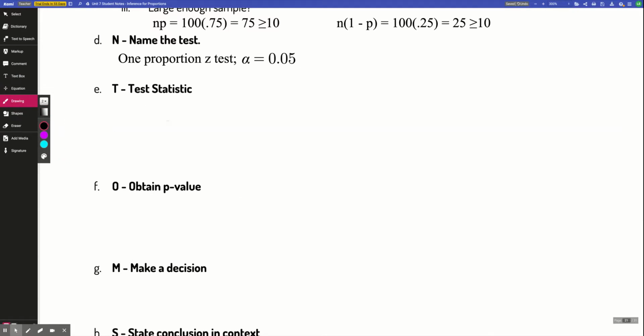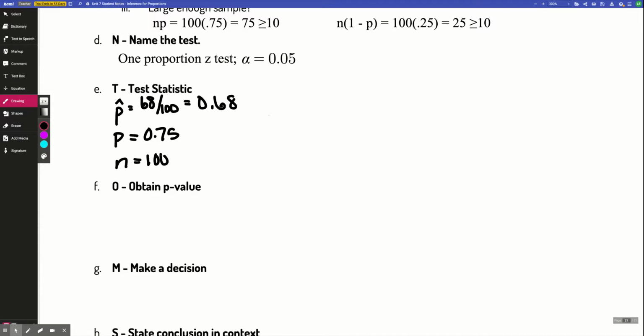So I need my p hat. p hat was 68 out of 100, and that's 0.68. My population proportion claim is 0.75. My sample size is 100.